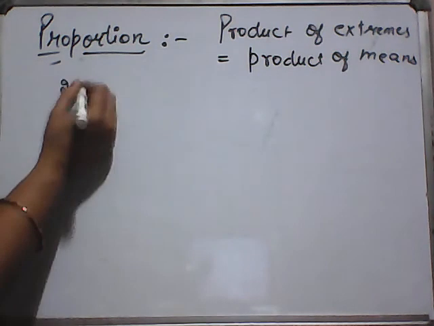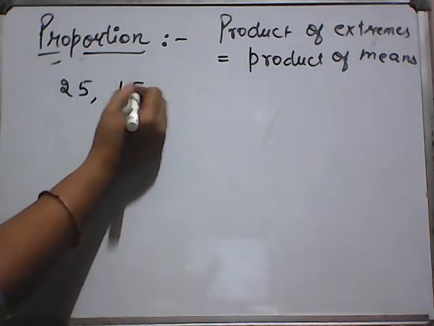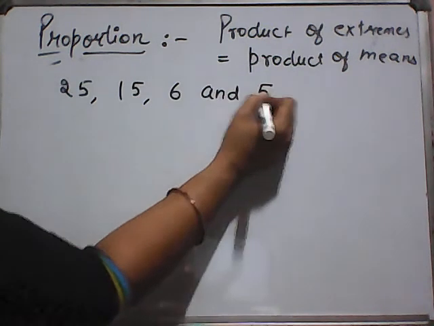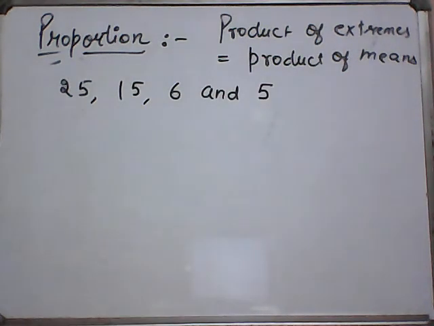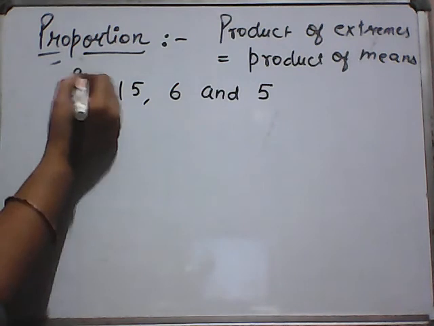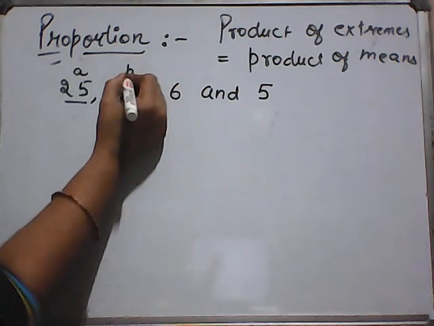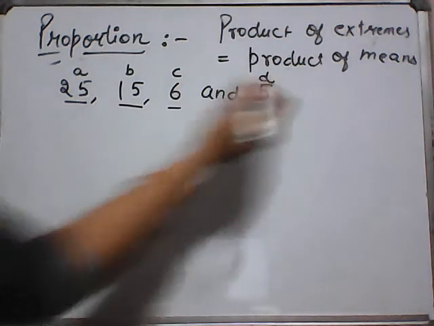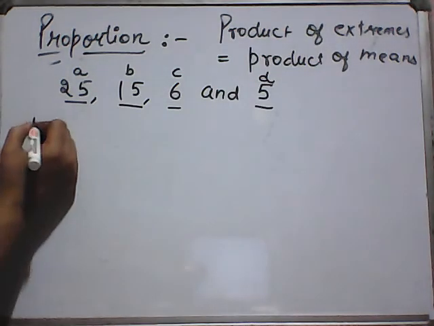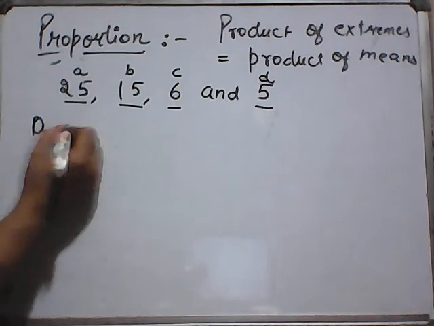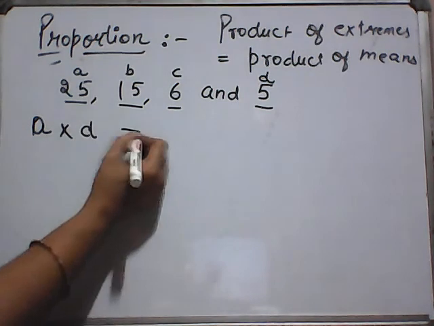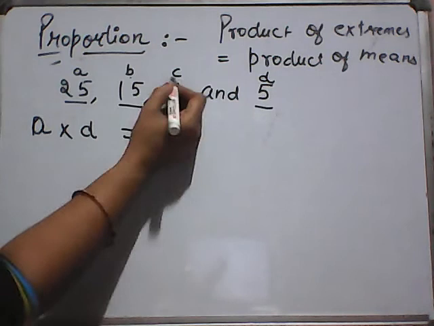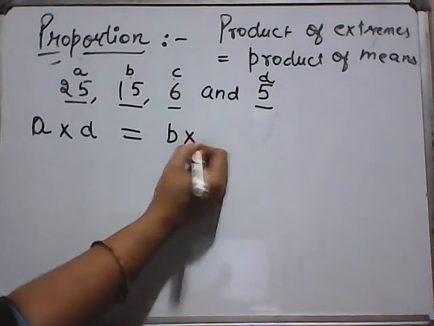We know that A is the first term, B second term, C third term, D fourth term. We know that if the product of extremes, that means A multiplied by D, is equal to the product of means, the second and the third term, B multiplied by C.